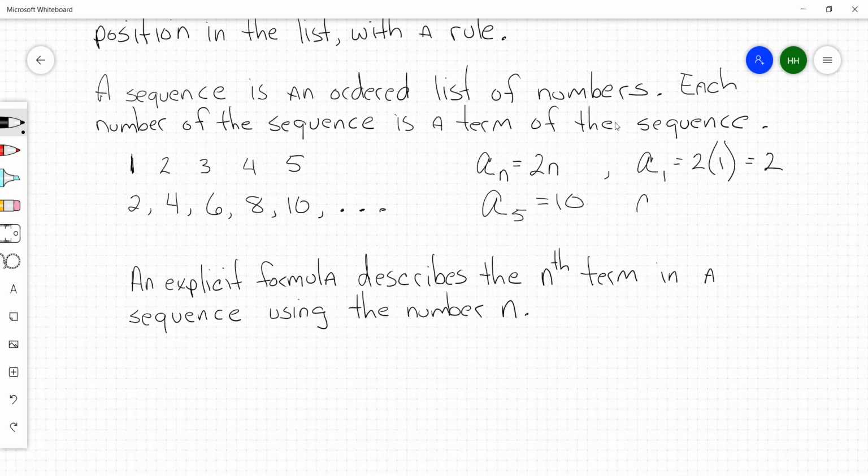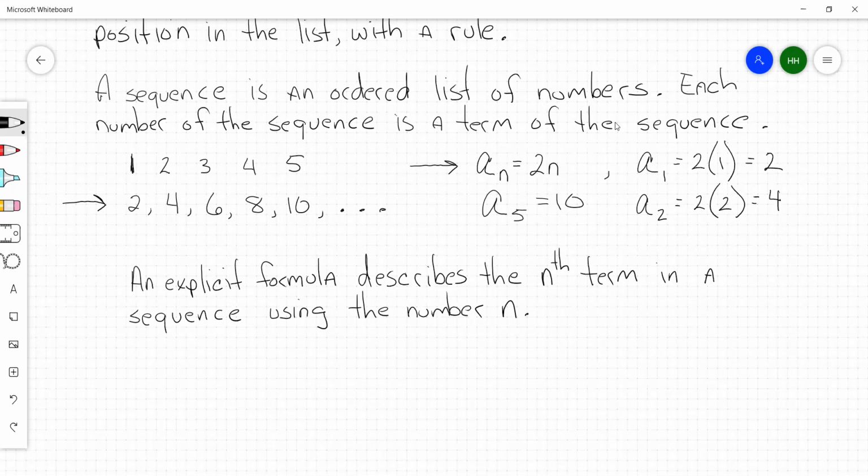And your a sub 2 is equal to 2 times 2, which equals 4. All right, so this would be an explicit formula that represents this sequence.